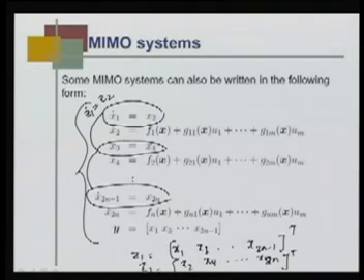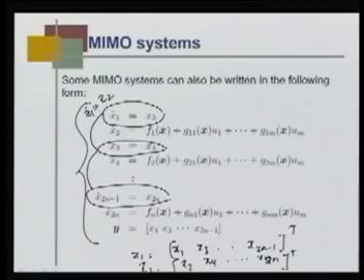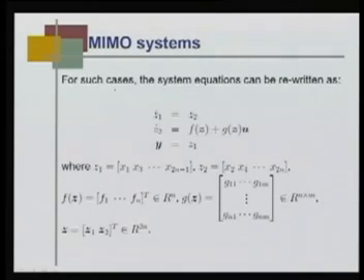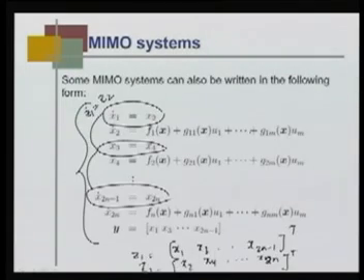Okay. So, you see that given 2n state vectors, n state vectors can be represented as z1 dot is z2, and the next one z2 dot can be written as f(z) plus g(z)u, which you can see here, this one and this one.